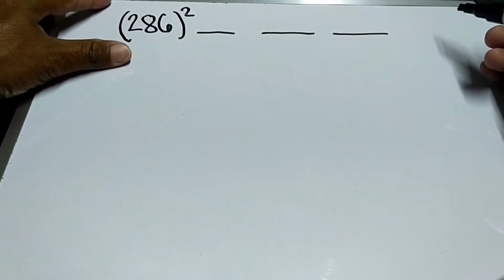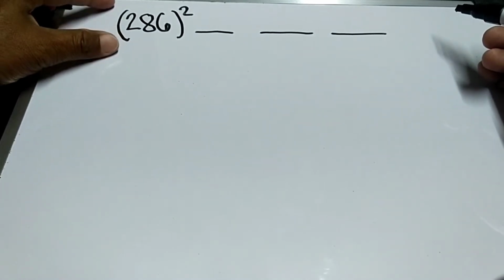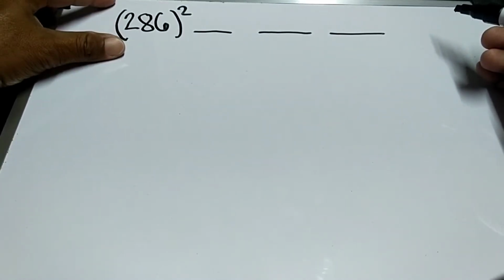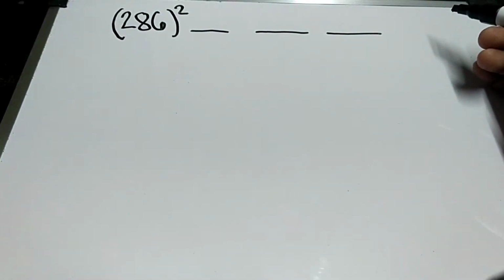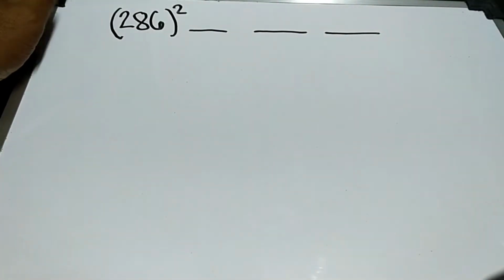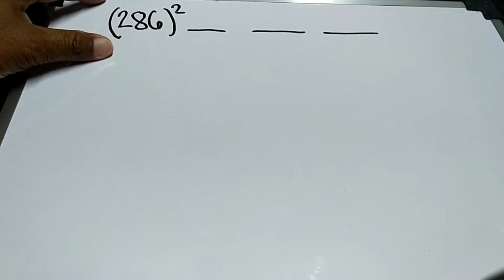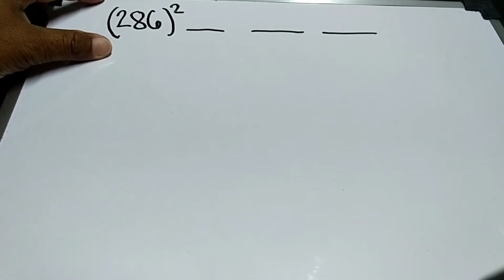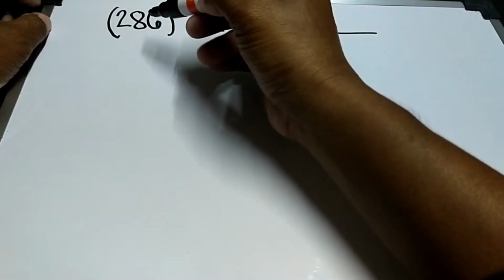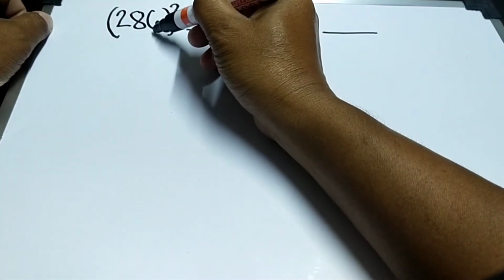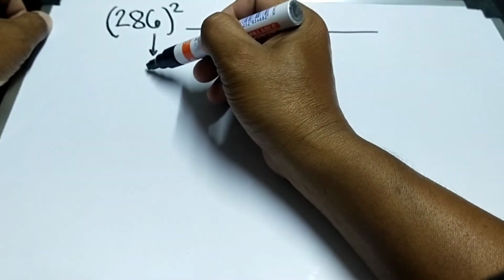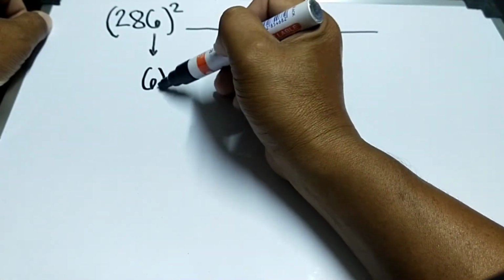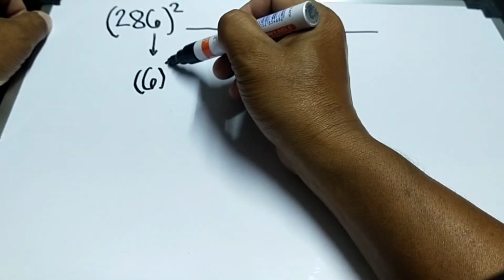Okay guys, this first example, I have here 286 squared. So we try to answer any 3-digit number, square any 3-digit number. Okay, so first guys, we square 6.